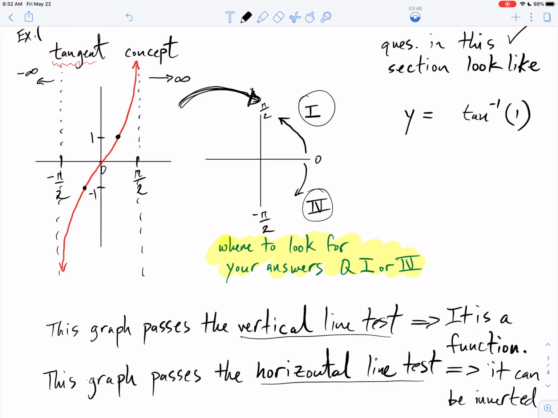Now I told you, the concept behind this stuff involves a lot, but the actual problems you are going to do are extremely easy. For example, let's look at the question. It says y equals tangent inverse of 1. So what are you going to do?